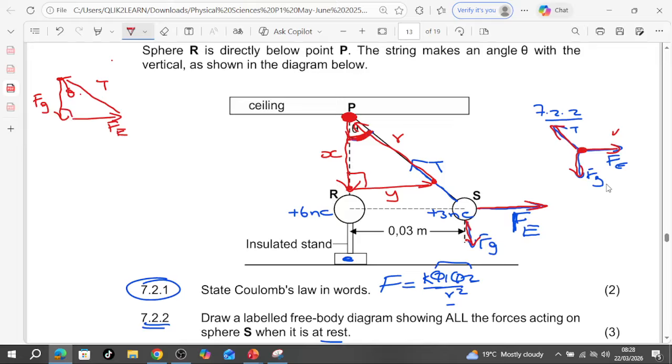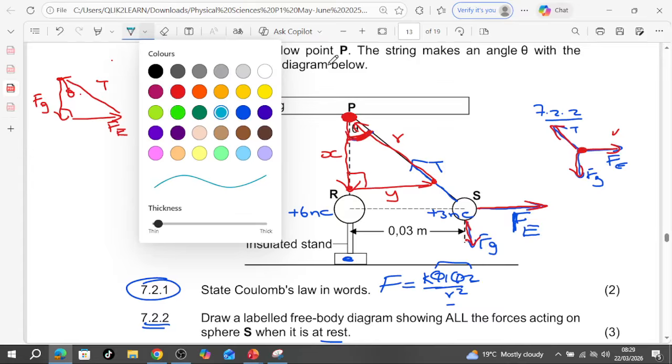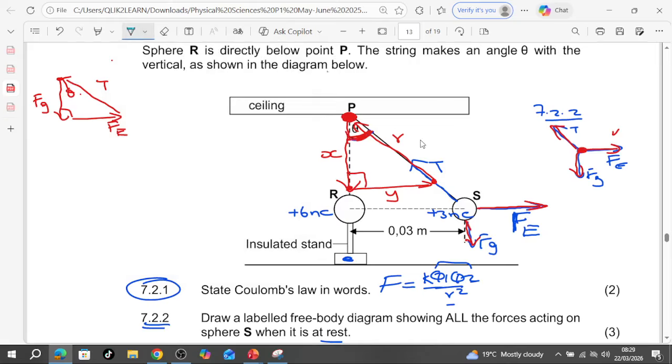So now they said that they want us to find angle theta. When I look at this diagram, can I find tension? It won't be easy for me to find tension, but it's easy for me to find this guy because it's the electrostatic force.